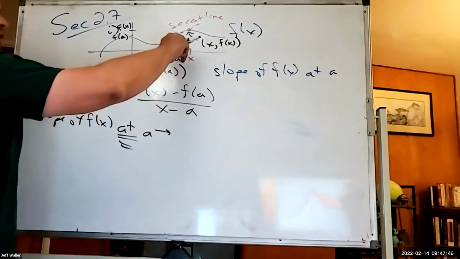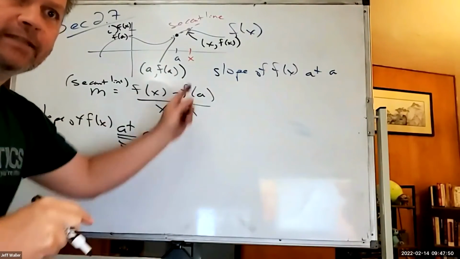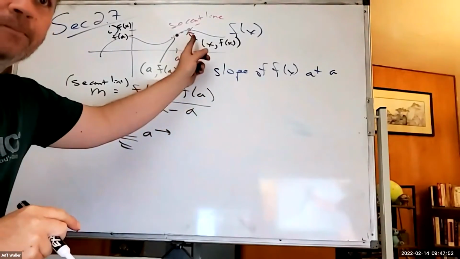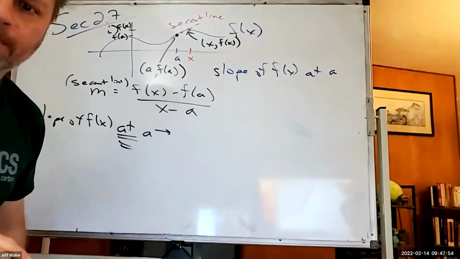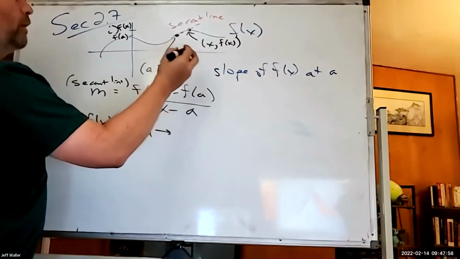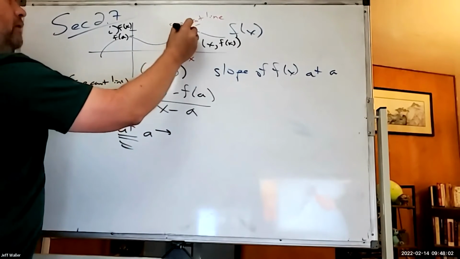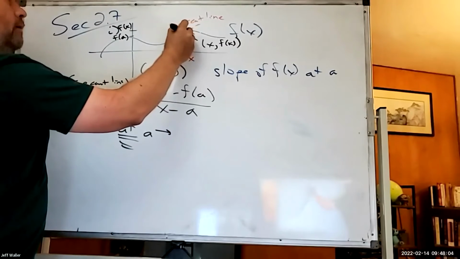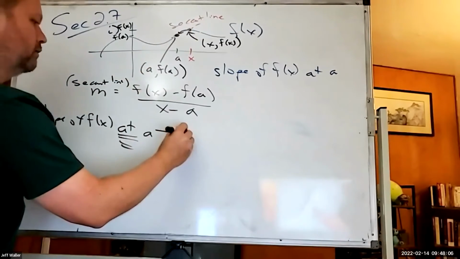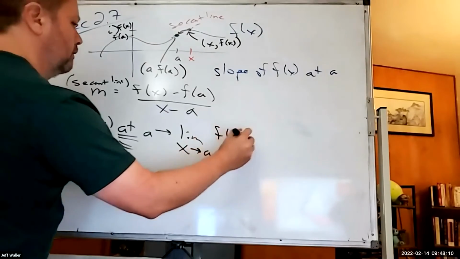I want to get what the slope is at a. What do I have to let this point do? I'm not going to move this one. That's the one at a. What am I going to do with this point? Get closer to a. So the limit as x goes to a of this.